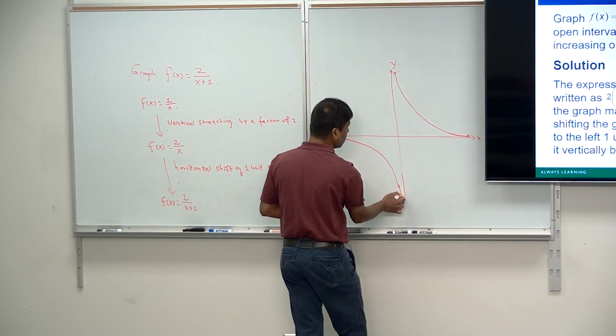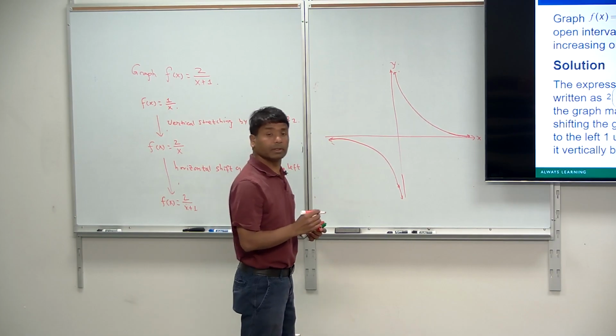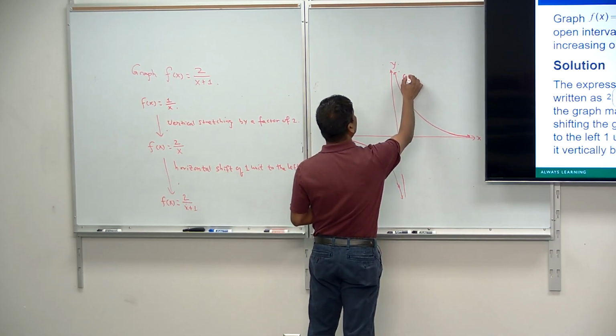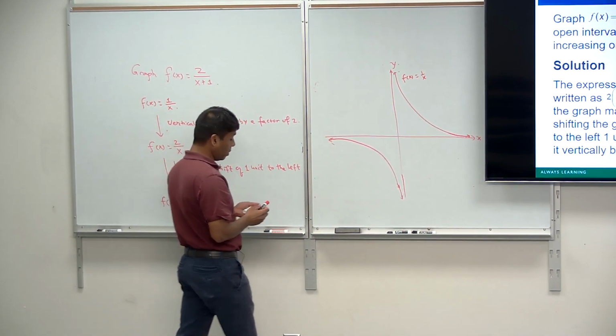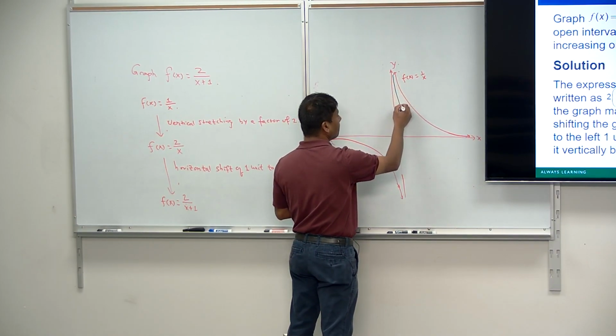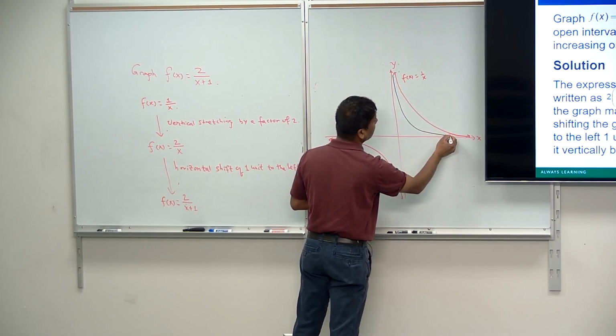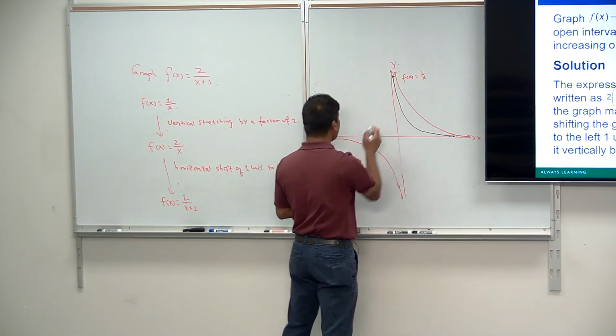Are you guys with me, guys? You see? This is f(x) equal to 1 over x, right? Now you vertically stretch this graph by a factor of 2, so you'll have a little bit narrower graph, something like this. Oops. Okay?